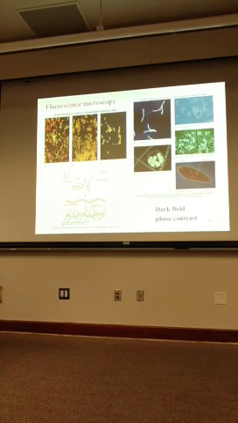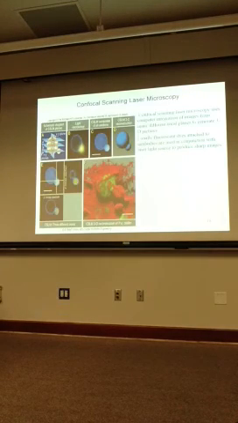That's the picture right there, and the tip is the variable portion of the antibodies. For this one, there are different lasers that hit a sample from different directions, and they make a 3D picture.